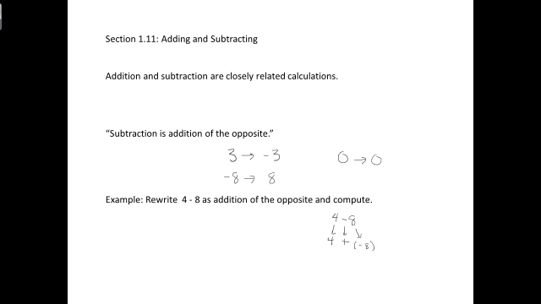So subtraction means addition of the opposite. 4 minus 8 is equal to 4 plus negative 8. And 4 plus negative 8, again visualizing the number line, 4 spaces to the right, 8 spaces to the left. Where are you going to end up? The answer is negative 4.